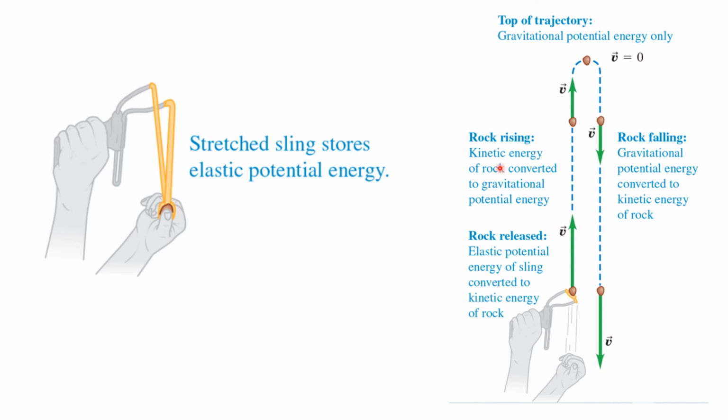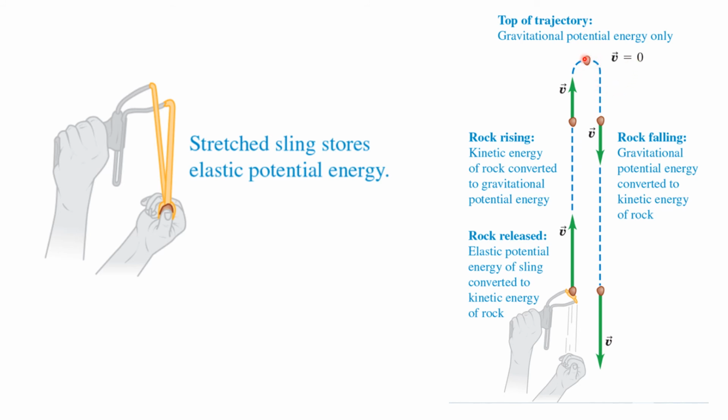The rock is rising. Now, when the rock is rising, what happens is it starts out with all kinetic energy, but then it's going up, and so the kinetic energy of the rock is converted to gravitational potential energy. It goes slower and slower and slower, and eventually it reaches the top of its trajectory. And here, it has gravitational potential energy only because it's changing from a positive velocity to a negative velocity.